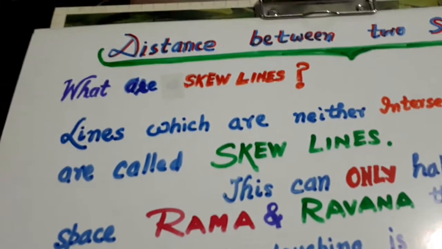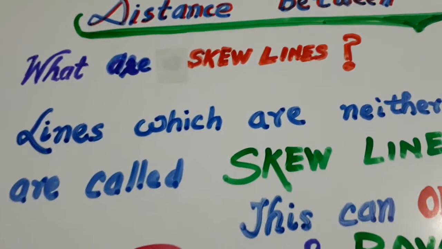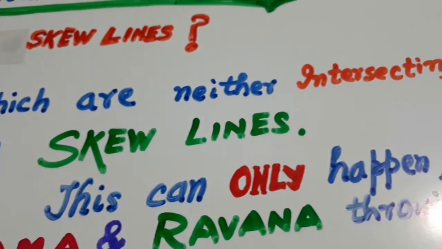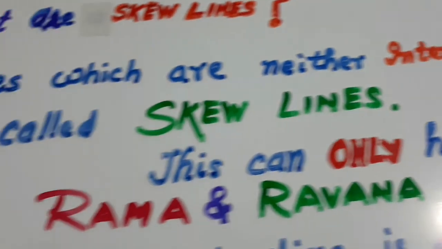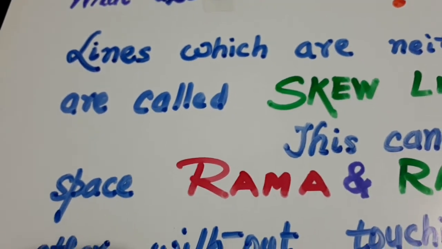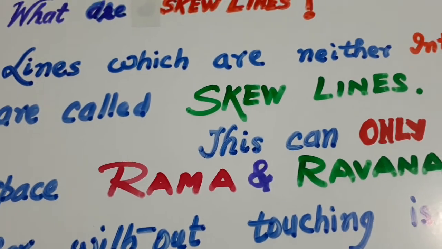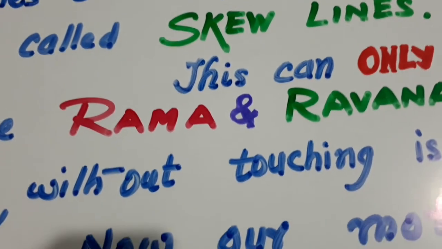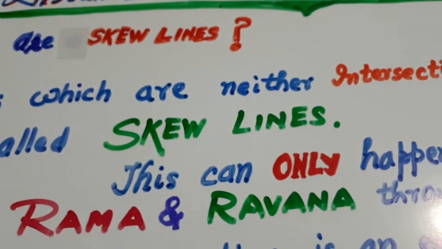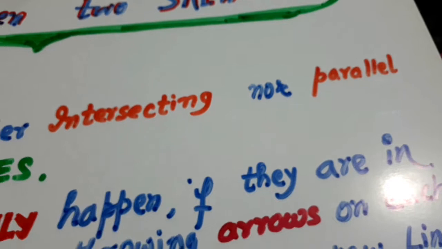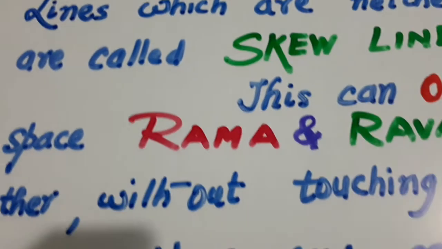First of all, we must know what skew lines are. Lines which are neither intersecting nor parallel are called skew lines.